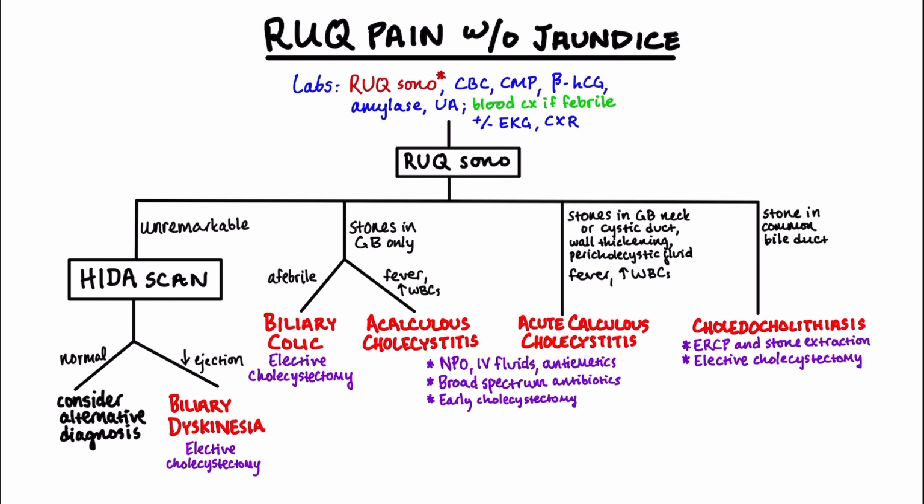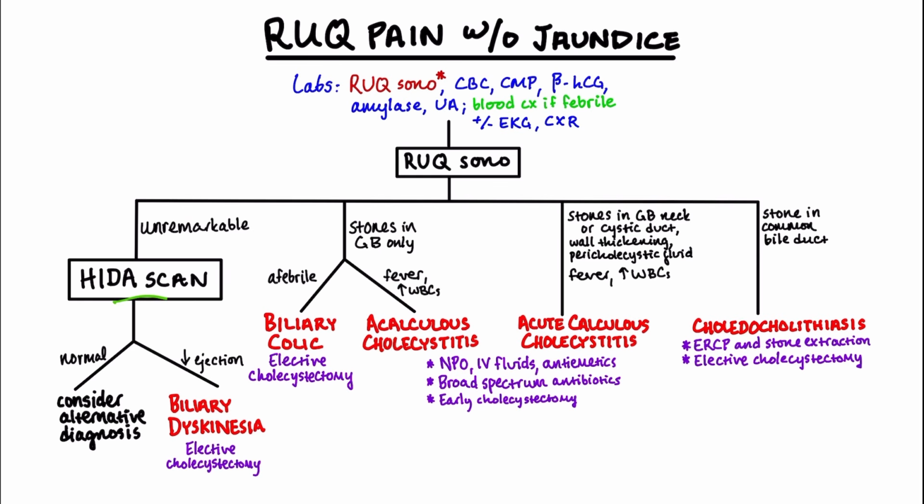So this is my approach to right upper quadrant pain without jaundice. So get that right upper quadrant sono after you get all your labs. If it's unremarkable, your next step is a HIDA scan looking for biliary dyskinesia. Remember, we're looking at the ejection fraction. If there's stones only in the gallbladder but not in the gallbladder neck or in the cystic duct, then you are probably dealing with biliary colic, especially if they're afebrile.